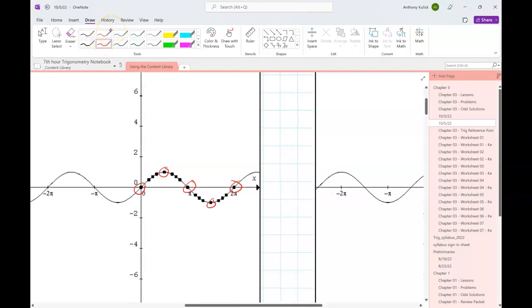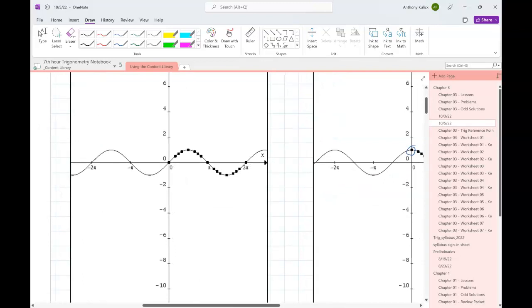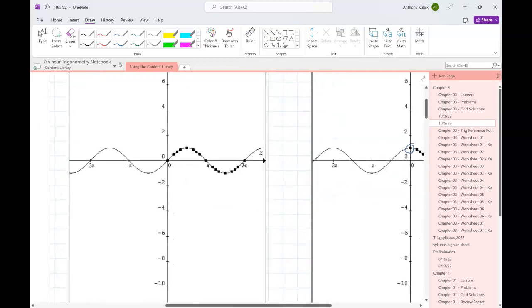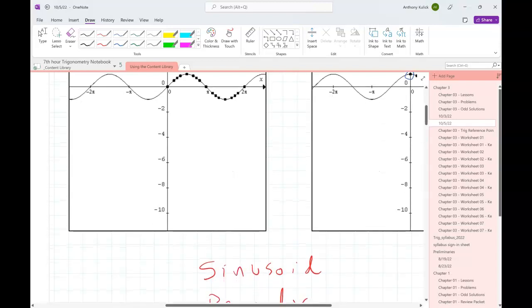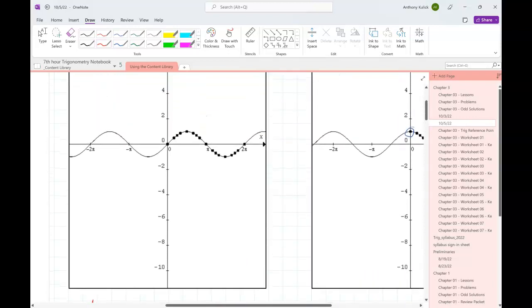Okay, so when we look at these graphs of sinusoids, there's four pieces of vocabulary that are going to be important here that describe characteristics of these sinusoids, these wave graphs. So the first one is the midline.